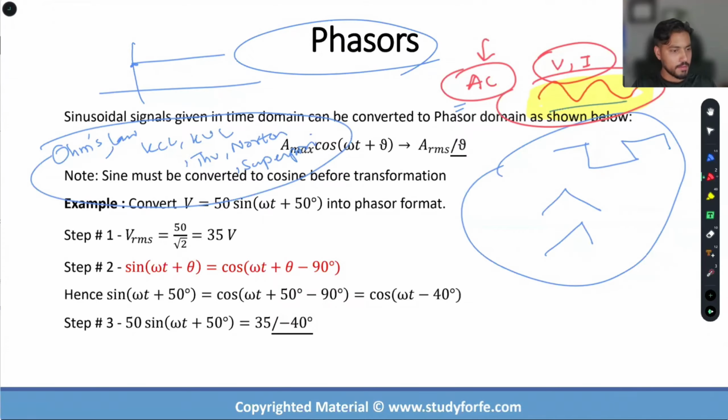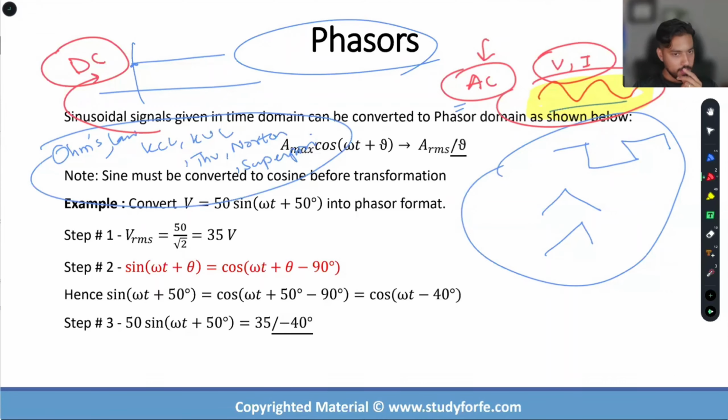It's a very interesting fact. In their original form, they basically apply to DC networks directly. Does it make sense? I'm going to repeat it one more time. All the circuit analysis techniques that we are aware of, Ohm's law, KCL, KVL, Thevenin, Norton, superposition, source transformation, mesh analysis, they all apply to DC circuits.